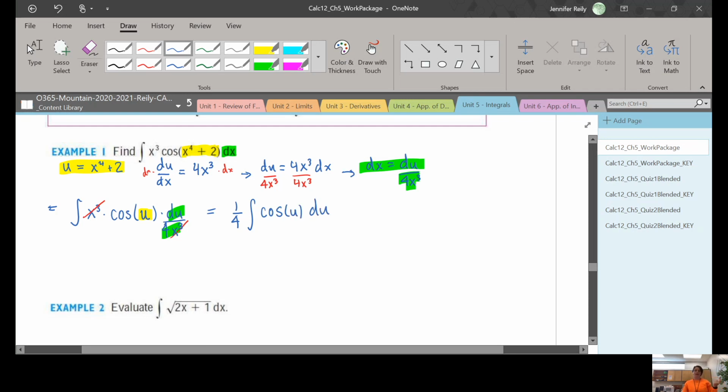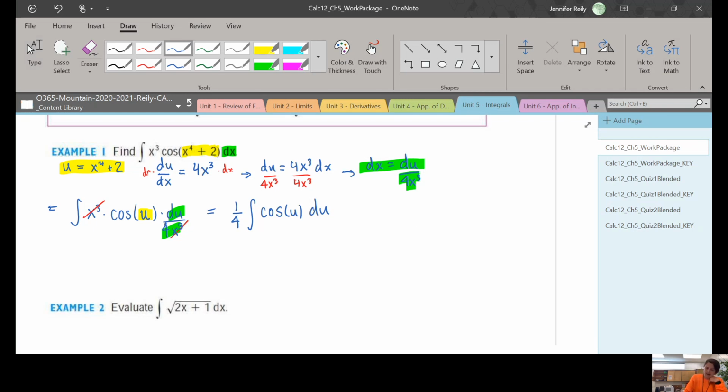That turned it into something that we know how to evaluate. Again, you take that inner piece that probably looks complicated and make that your u. You take the derivative of that in order to sub out the dx. Usually there's going to be some nice cancellation that occurs, and you'll end up with a really nice integral.